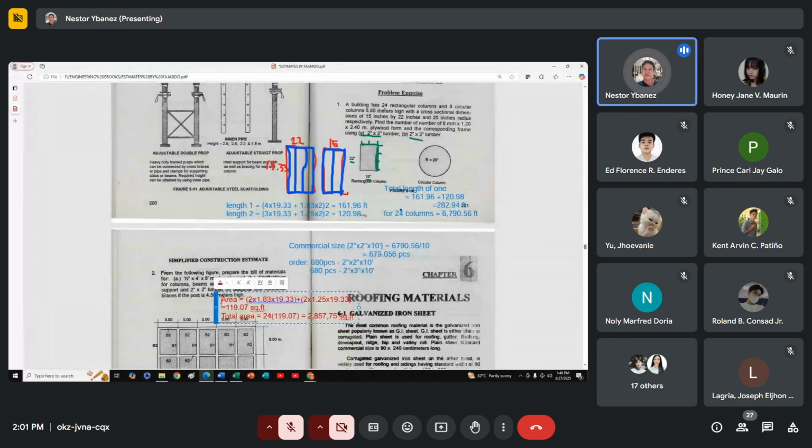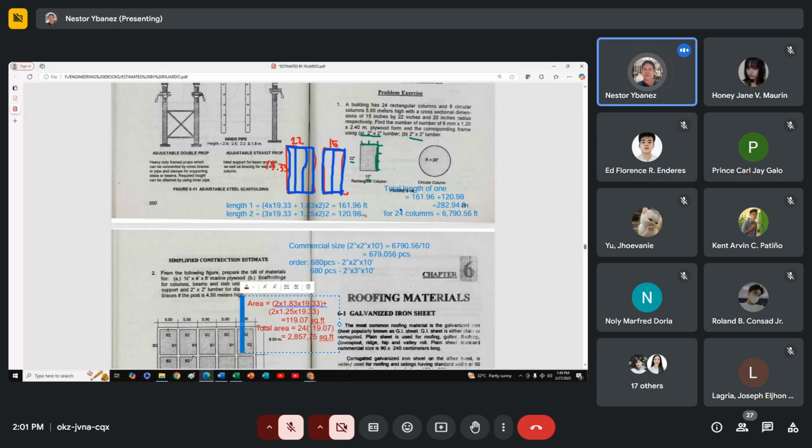Now, if you are going to use plywood, phenolic boards, or whatever boards, the standard dimension of boards is always the same.